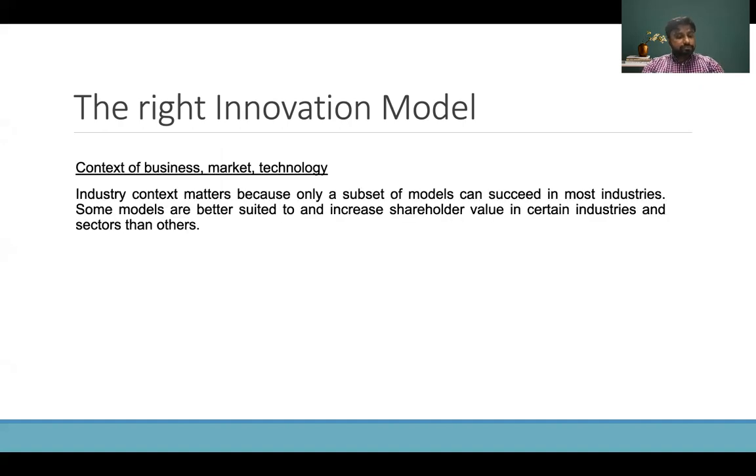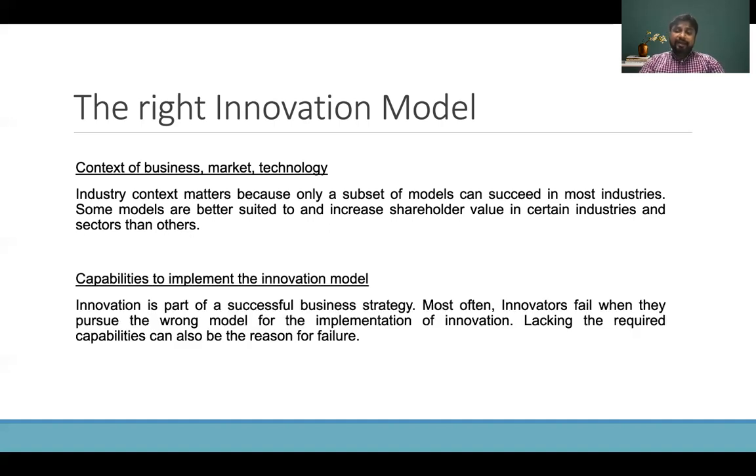Choosing the right innovation model for your company is all about context: in which industry, in which market you are going to play your game, and which technologies you will incorporate. Industry context matters because only a subset of models can succeed in most industries.